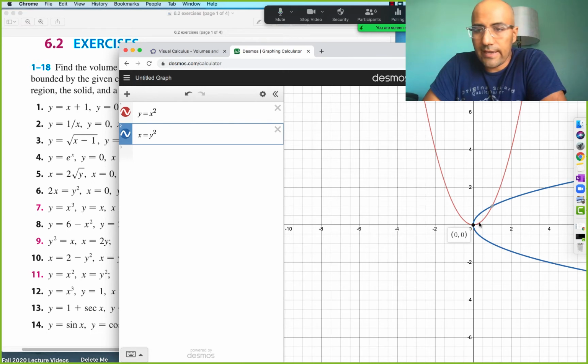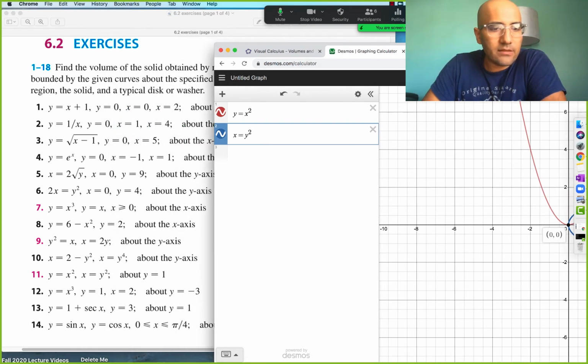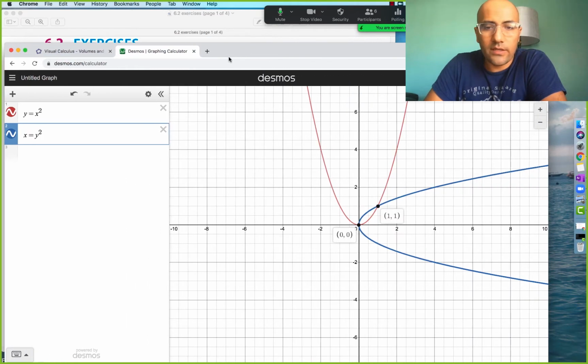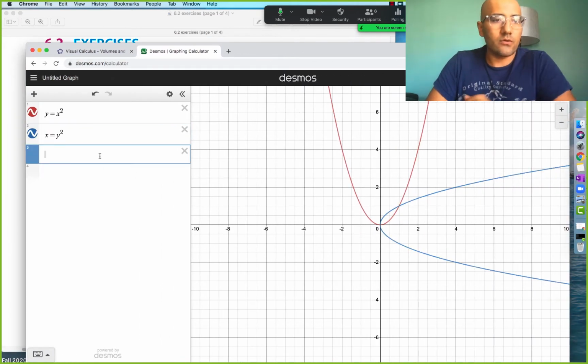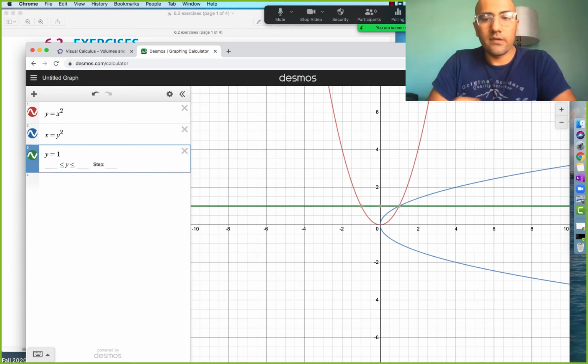So we're looking at this intersection right there where they cross. We should be able to do some work to confirm that they intersect at both of these places, at 0, 0 and at 1, 1. And then it also says to rotate about the line y equals 1. So y equals 1 is going to be this line here.